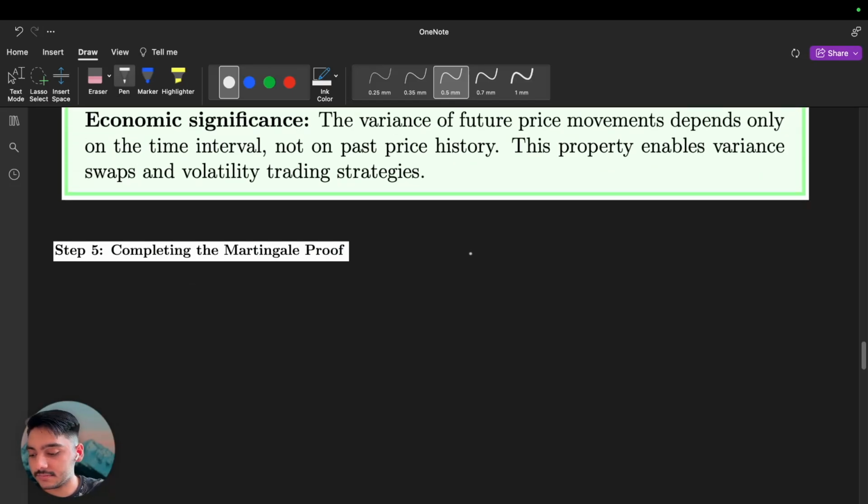So let's jump to step 5, completing the martingale proof. We substitute our evaluated terms back into the conditional expectation.